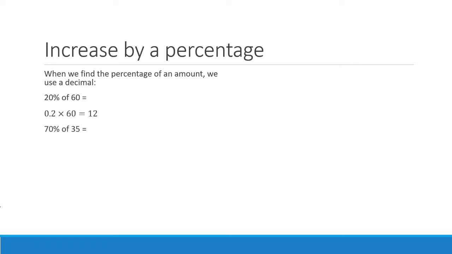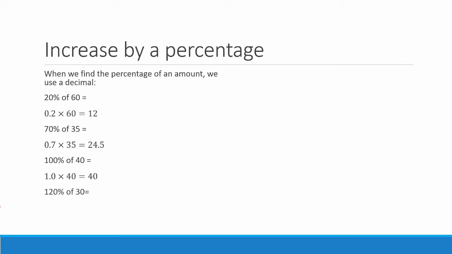If it was 70% of 35, again I'd divide that 70 by 100 to get a fraction of an amount, or 0.7 times 35. If I wanted 100% of 40, then again I'd still be dividing by 100, but when I do that I end up with 1. 100% is the same as having 1 of 40.